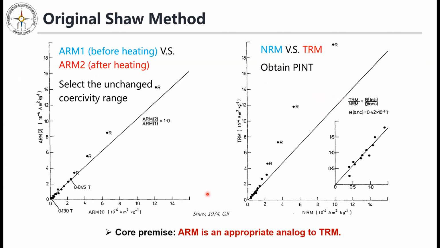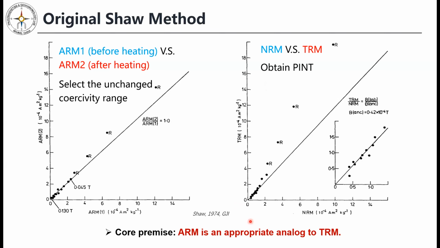The original Shaw method was proposed by John Shaw in 1974, and aimed to solve the problems rooted in the Thellier series method. We often fail or get unreasonable results in the Thellier series method because we have some non-single domain particles, and these particles have inconsistent unblocking and blocking temperatures.